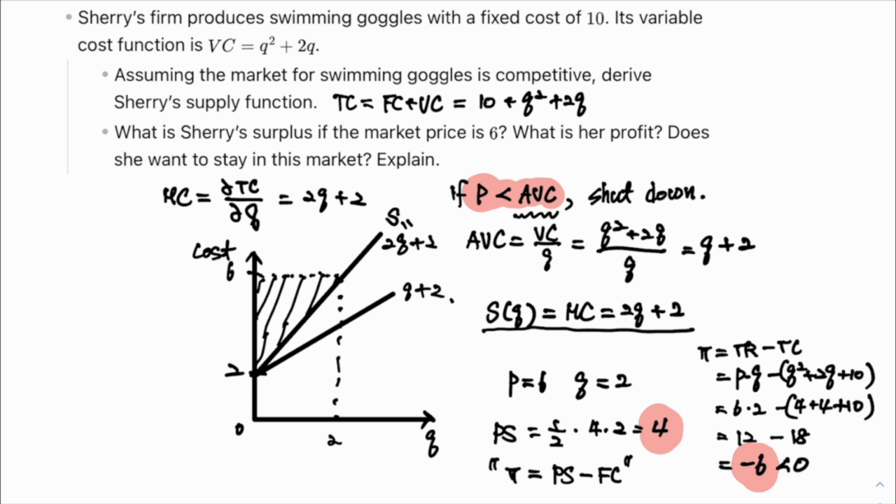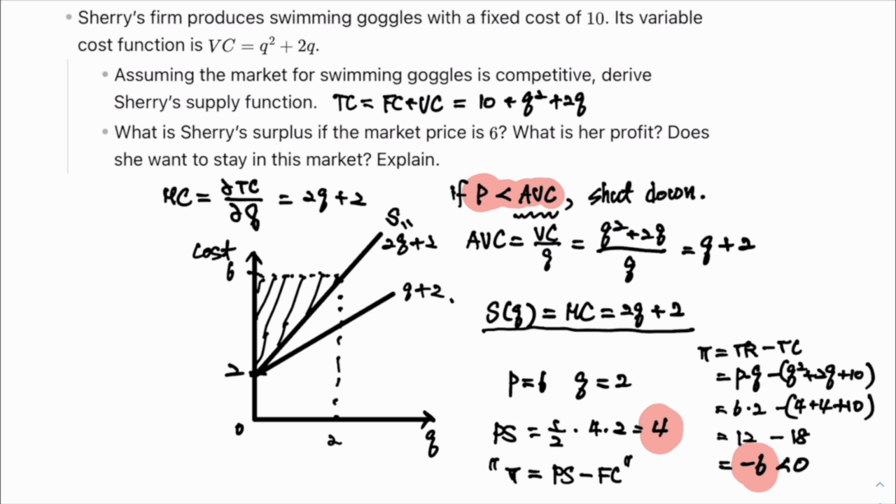But once she produces 2 as a quantity, she can make up $4 of gains. Because of that, negative 10 plus 4 as a gain. So her loss is $6, but by producing two quantities, some of her fixed costs can be compensated.